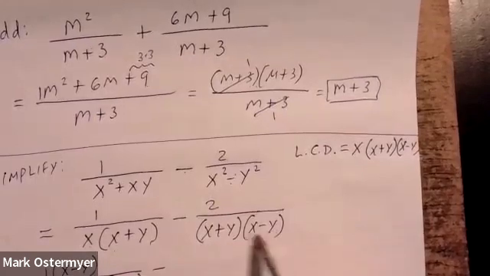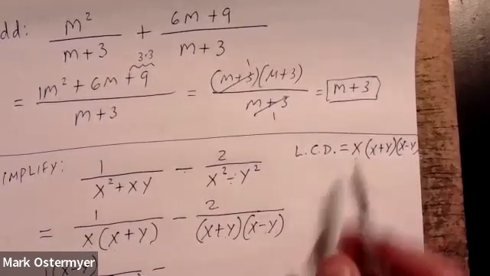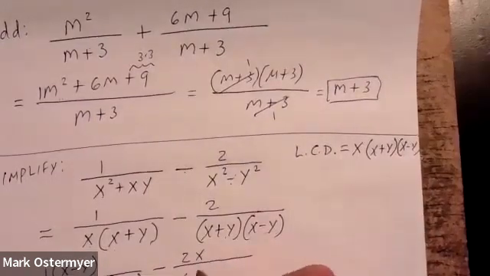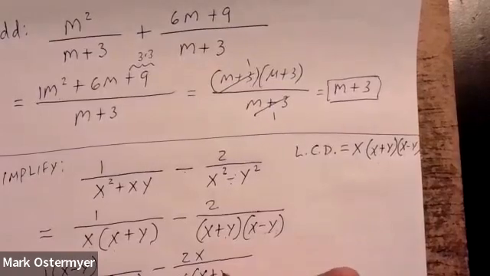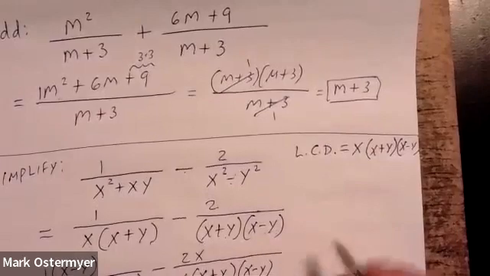The second rational expression's got the x plus y. It's got the x minus y. It's missing the x. So the second rational expression, top and bottom, must get multiplied by x to build it up into an equivalent rational expression that now possesses the least common denominator.